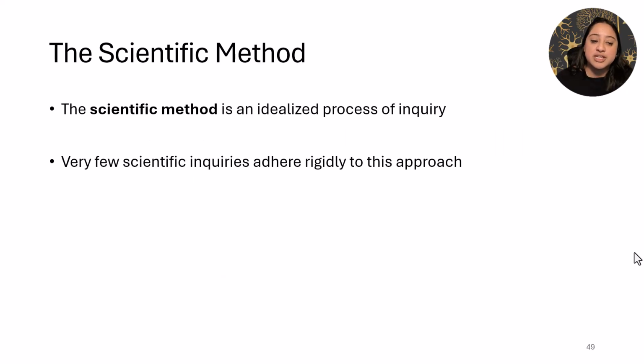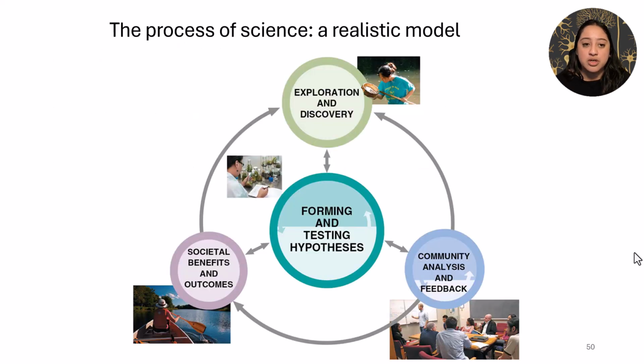So when we typically teach the scientific method, it's idealized. It's linear, perfect, step by step, but it's not always like that. It's very fluid, actually. Very few scientific inquiries rigidly adhere to this approach. So this figure is what the Campbell biology textbook suggests, that it's more cyclical.